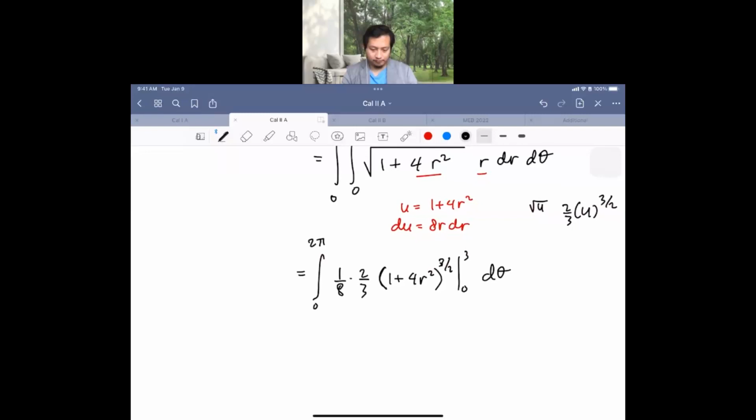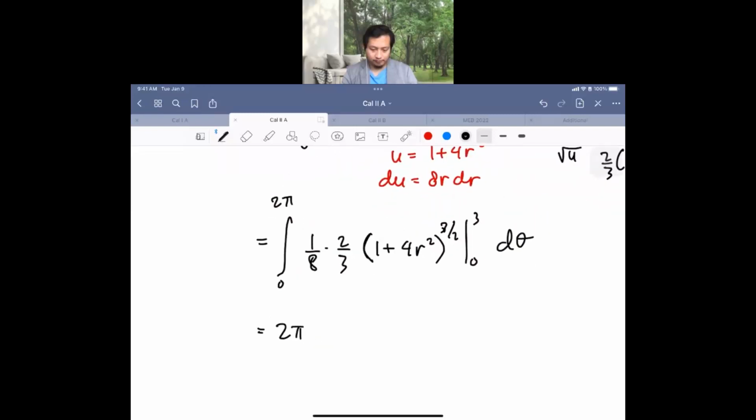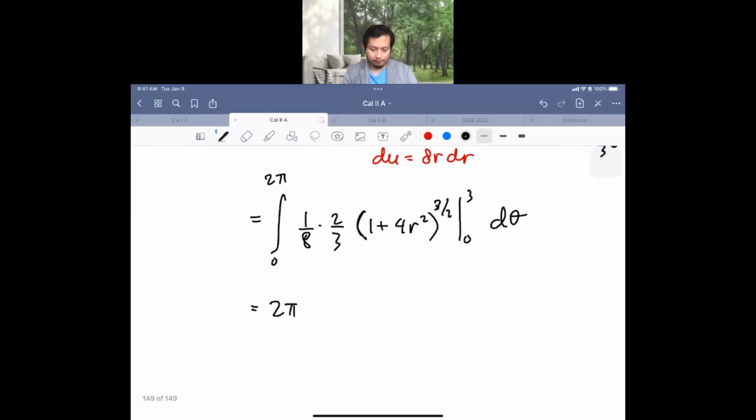And I think d theta we can directly write 2 pi. And there is nothing inside, right? No theta inside, so we can directly write 2 pi, and then this part will be 1 over 12, and this goes to 37, square root of 37.